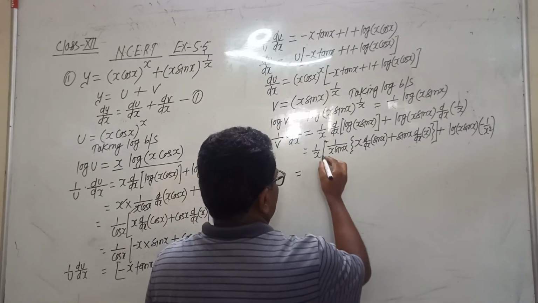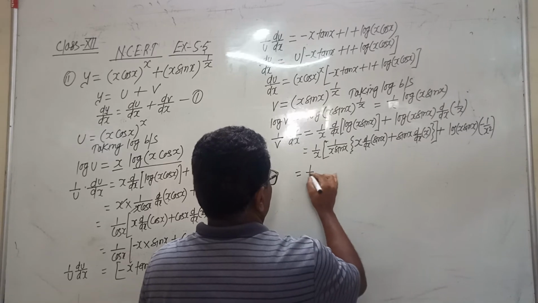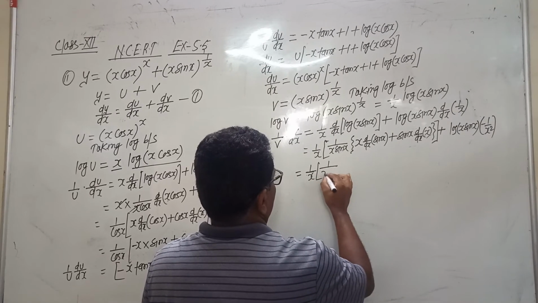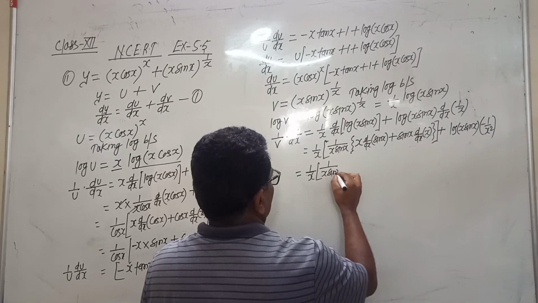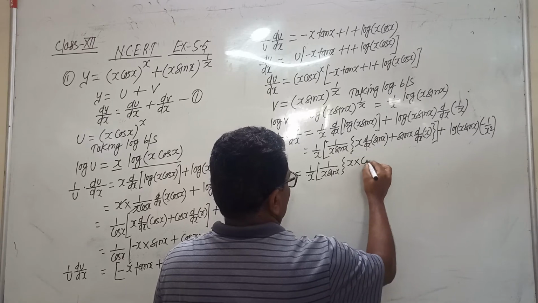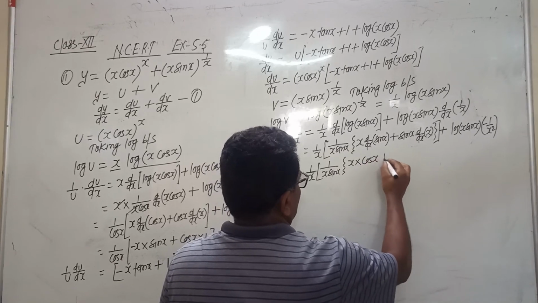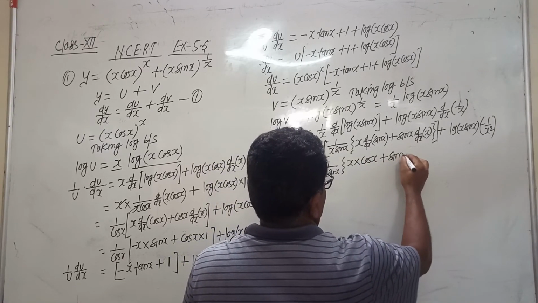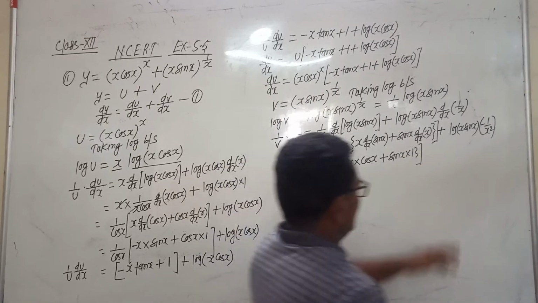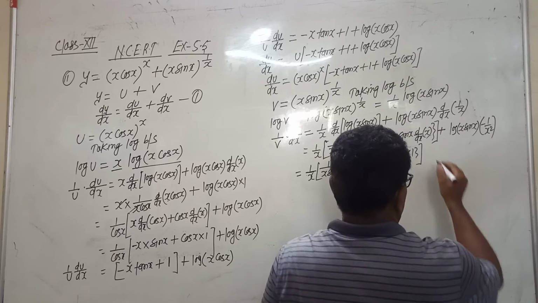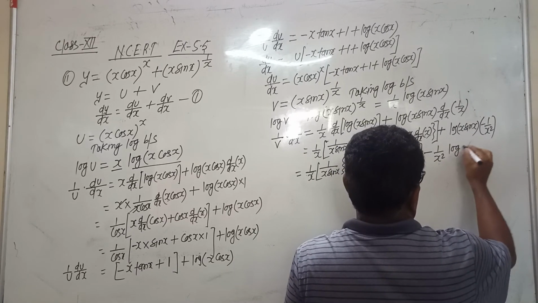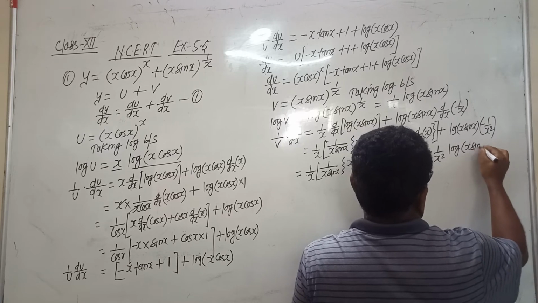So this is 1 by x and 1 upon x sin x, x as it is, differentiation of sin x is cos x, plus sin x as it is, differentiation of x is 1, plus minus 1 by x square, and log x into sin x.